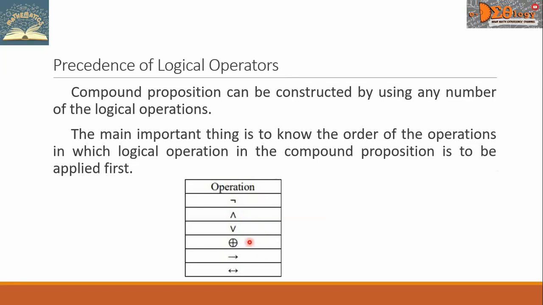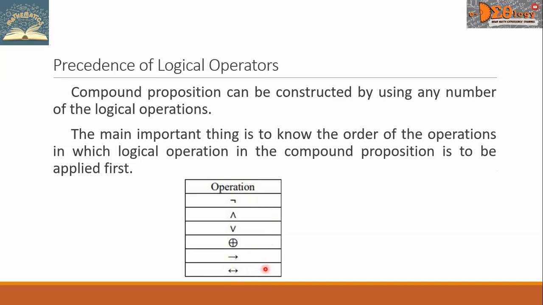Followed by the exclusive or operation, or simply said, we say XOR. Next is the implication, and this arrow is read as implies. The last one is the biconditional operation. We read this symbol as if and only if.